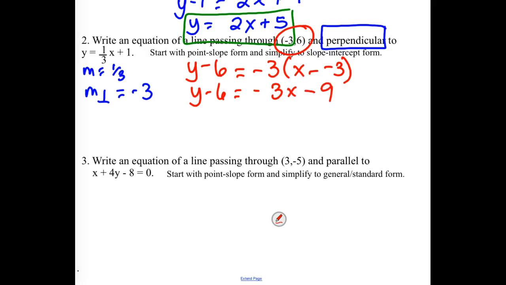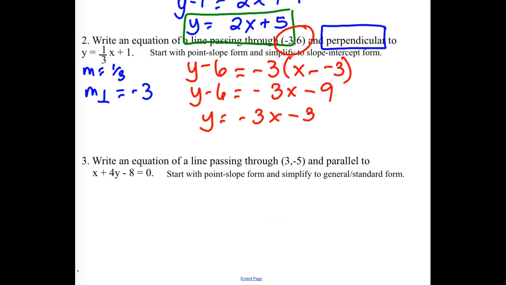Distributing our negative 3 gets us negative 3x minus 9. And then our last step, we're going to add our 6 over. Adding 6 leaves me with a negative 3 for a y-intercept.